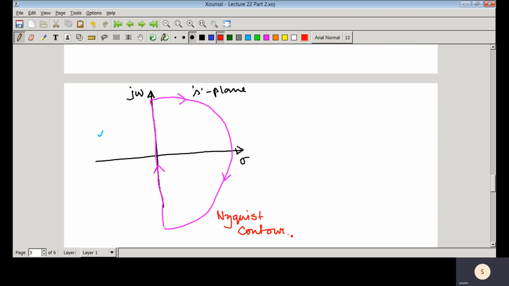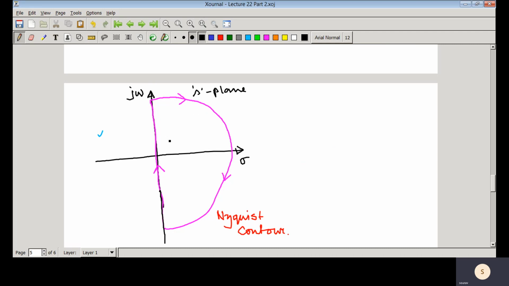So if there are any poles or zeros on the axis, then we need to take the contour excluding those poles and zeros. What we have pointed out here is a contour in the S plane that covers the whole closed right half of the S plane. Here I have shown it by a semicircle.